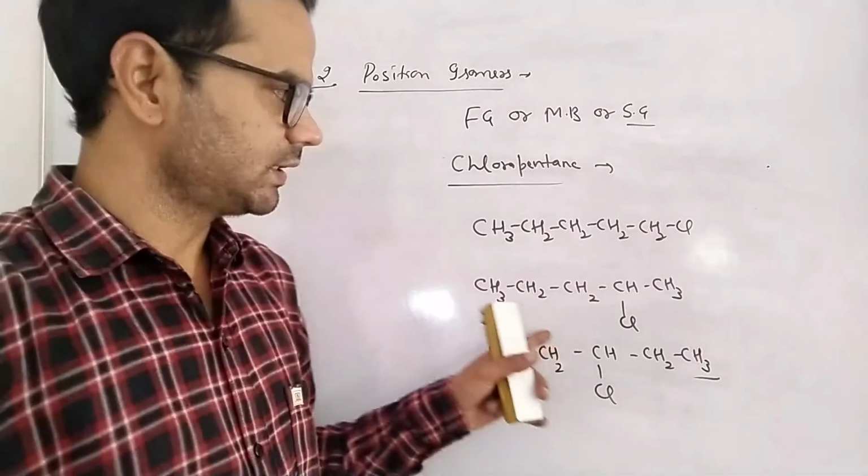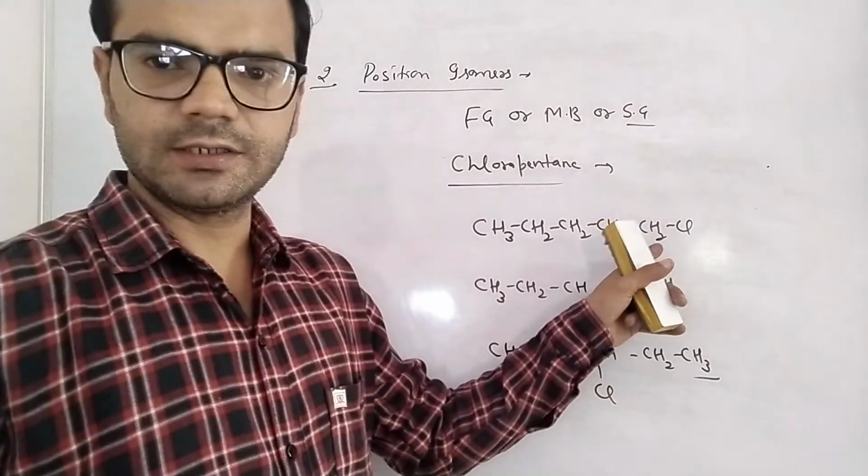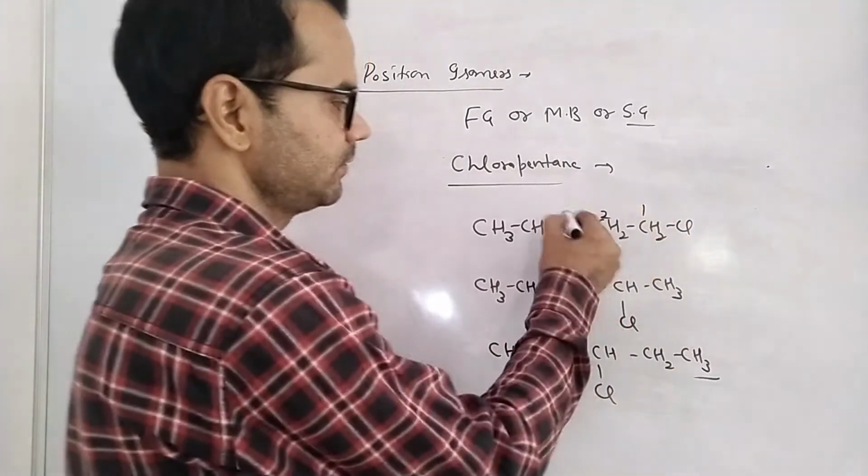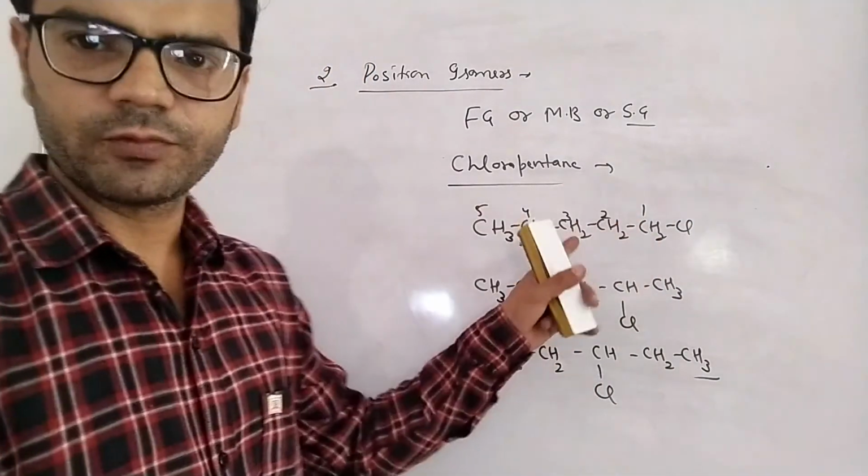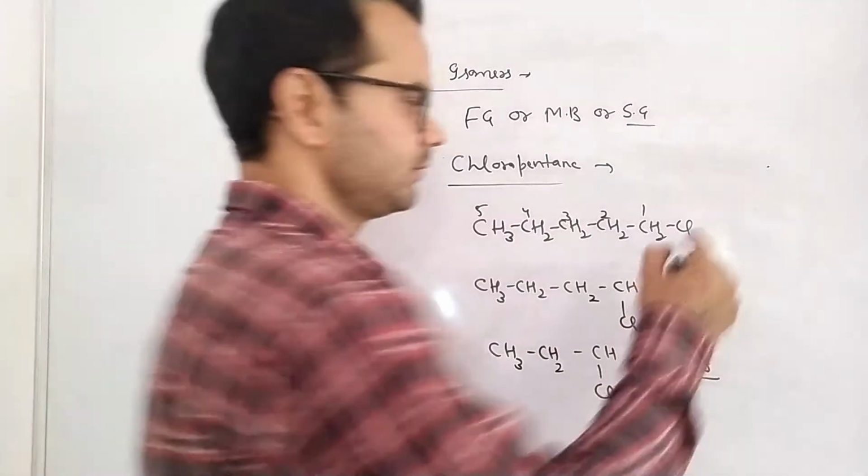Now we have three structures. In the first structure, we can see chlorine is present on the first carbon. So this is 1-chloropentane.